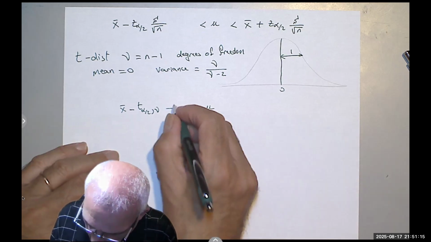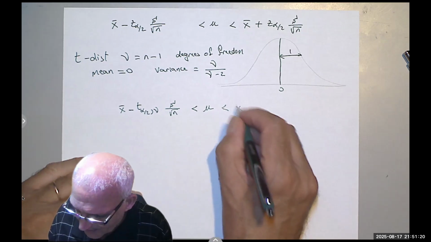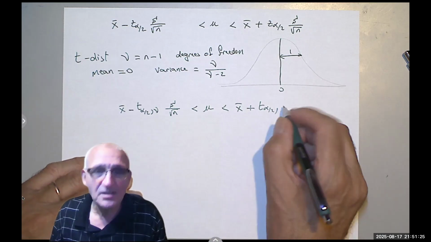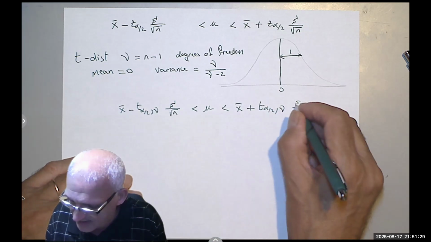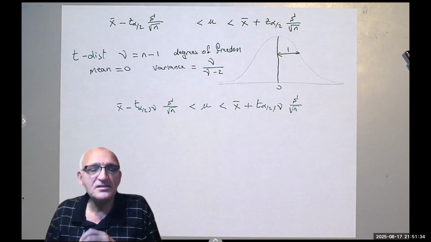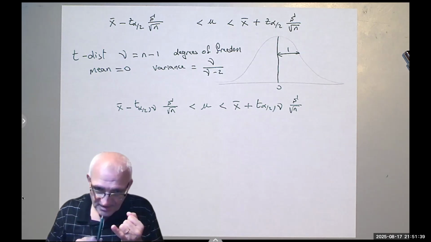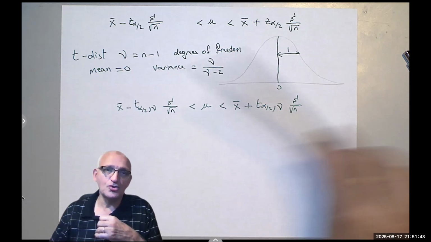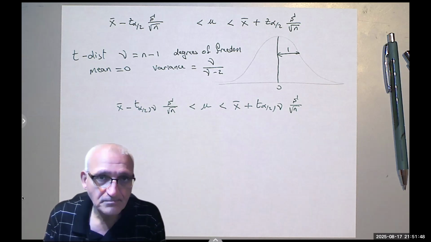Times s over square root of n, less than x bar plus t alpha over 2, and sometimes we write n minus 1 because nu equals n minus 1, times s over the square root of n, would give me a 100 times 1 minus alpha percent confidence interval on mu. The distribution is normal. So both the t and the z work on the normal distribution.